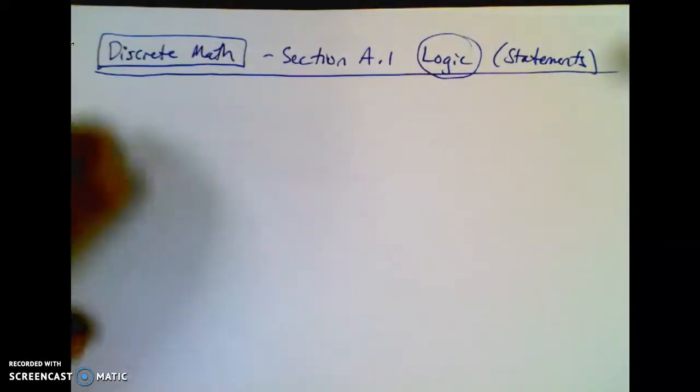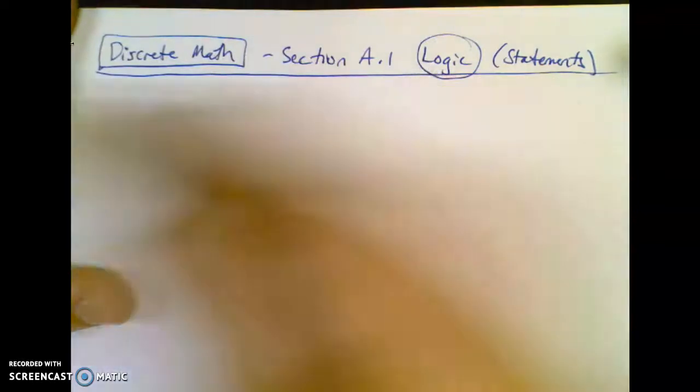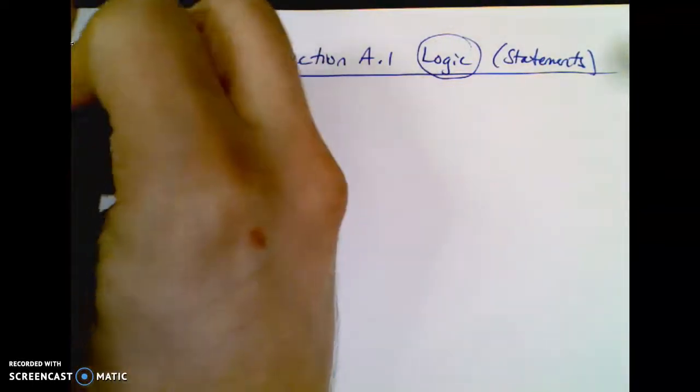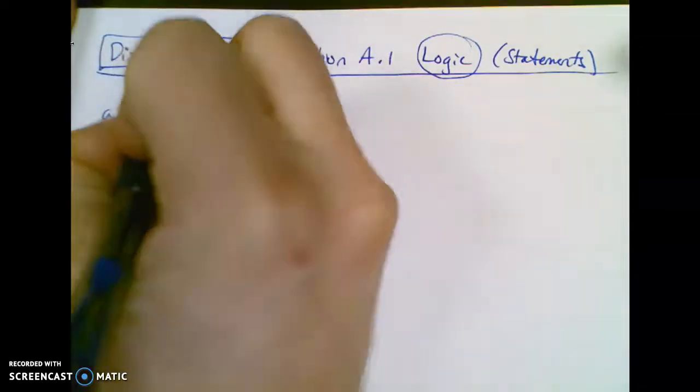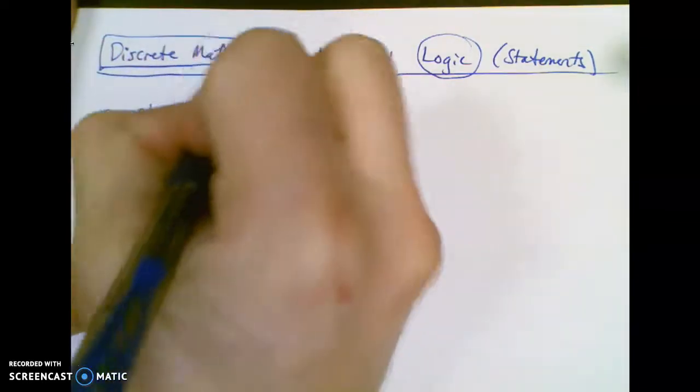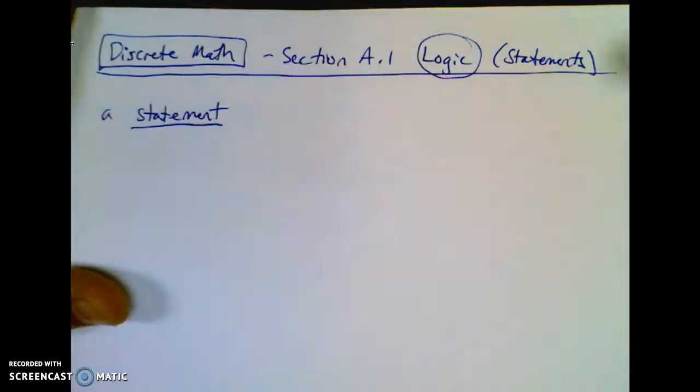So good stuff here. First of all, if we're going to talk about logic, we need to talk about statements. And write this stuff down. A statement is a sentence that has a truth value.